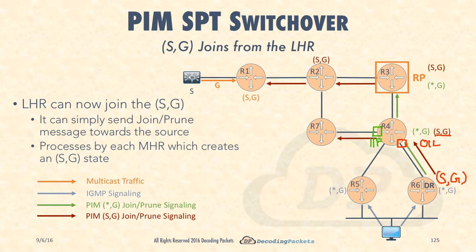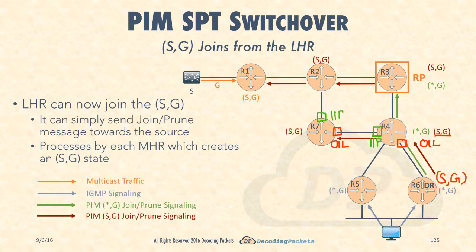And R7 will now do the same 2 things. It'll create the S,G tree. Once it creates the S,G tree, it will then add this interface between R4 and R7 to the OIL. It'll figure out an RPF interface, and there's only one interface going towards the source here, which is R7, R2.